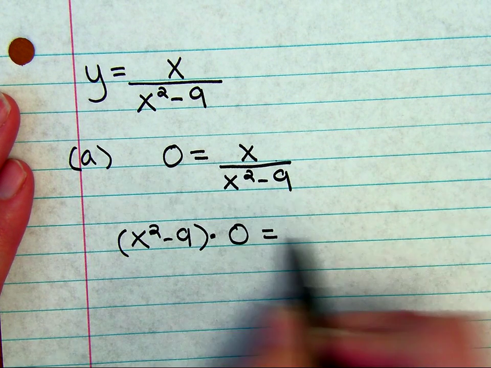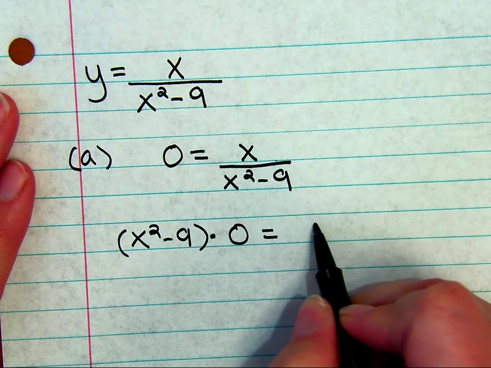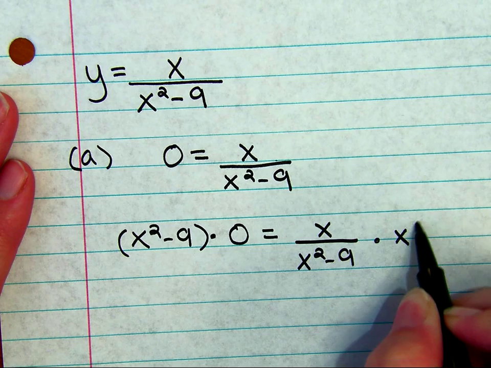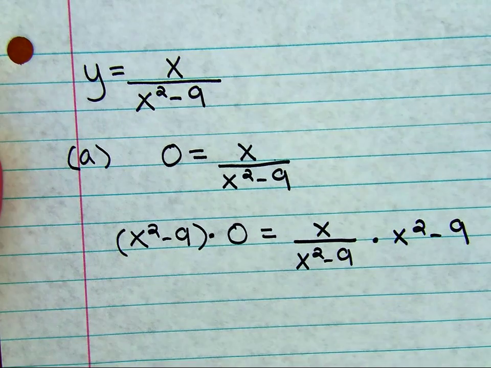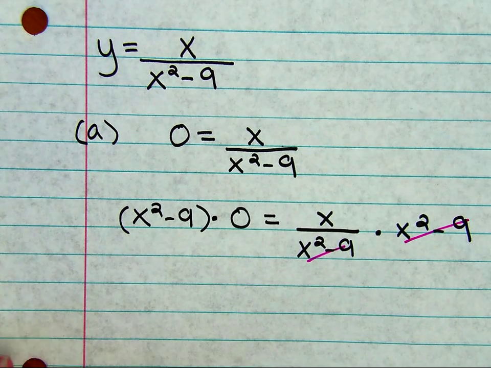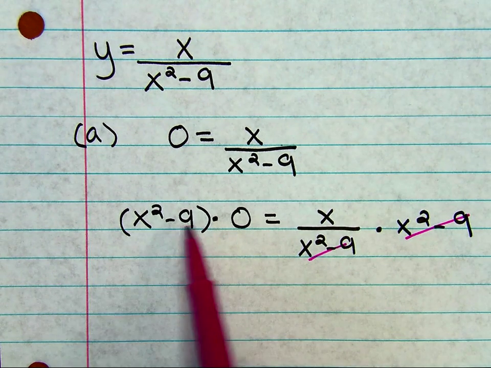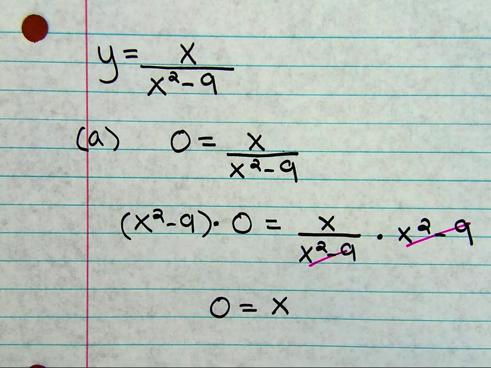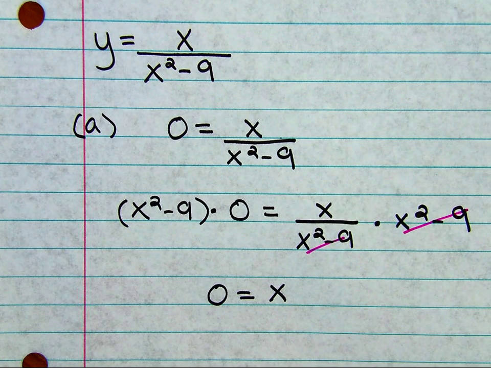Okay, because that would cancel my x squared minus 9. And then 0 times this, I should just have 0 equals x. So that means my x-intercept is at 0, 0.